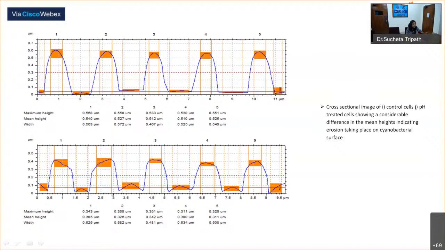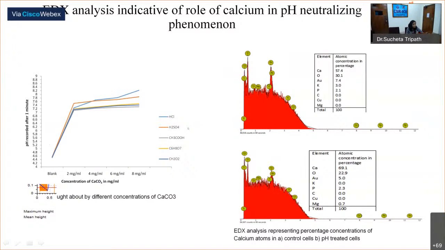And we found that when the material is treated with acid, you see some erosion. The difference is quite substantial. So this indicates that something is happening at the surface level, and we are yet to confirm what elemental changes are taking place. And this we are doing with our sister lab, CGCRI, to see exactly what is happening.